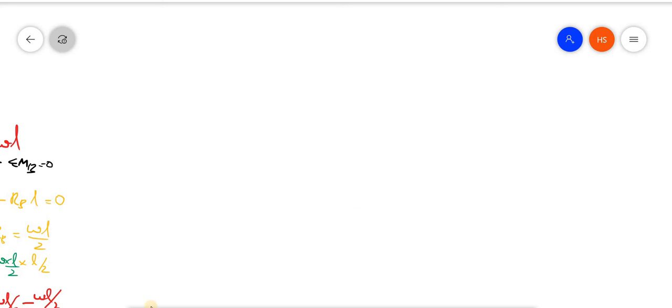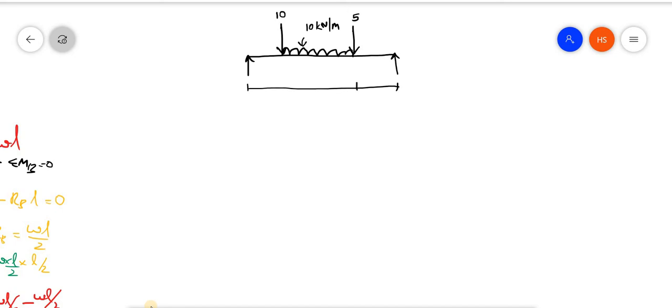Okay, from that we have some interpretations to be made. So, just quickly, one problem. Considering a simply supported beam, it has loads as shown in this figure: 10 kilonewton, 5 kilonewton, and a 10 kilonewton per meter load, and the distances are 2 meter, 3 meter and 2 meter.